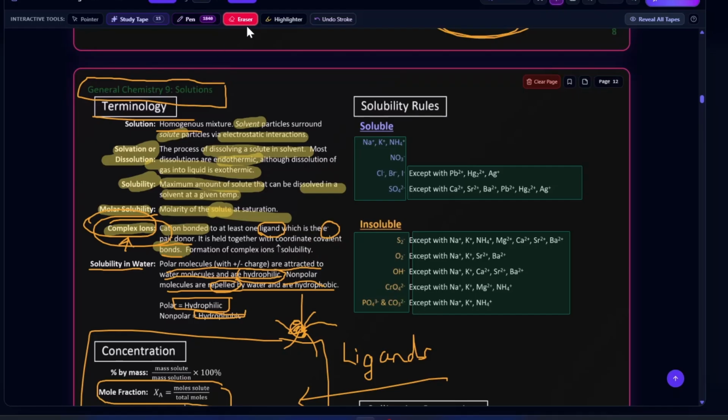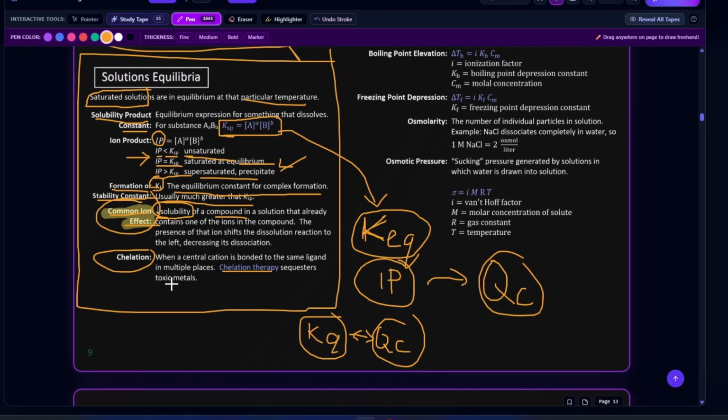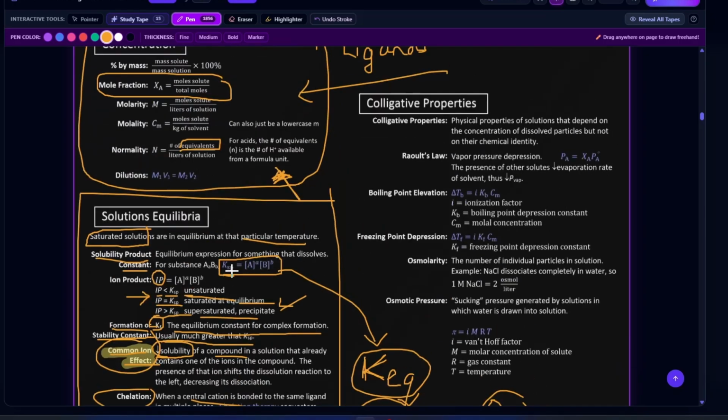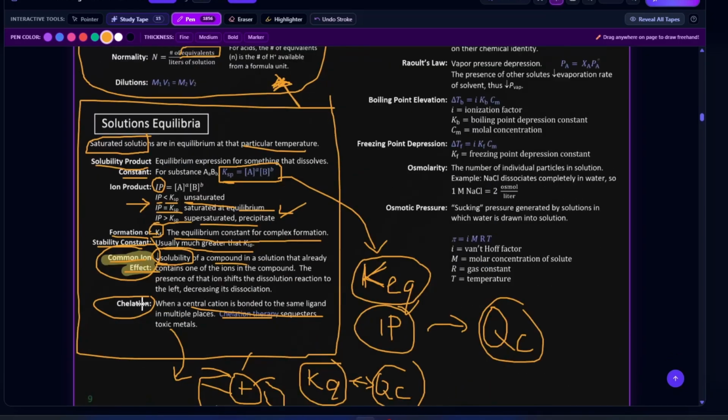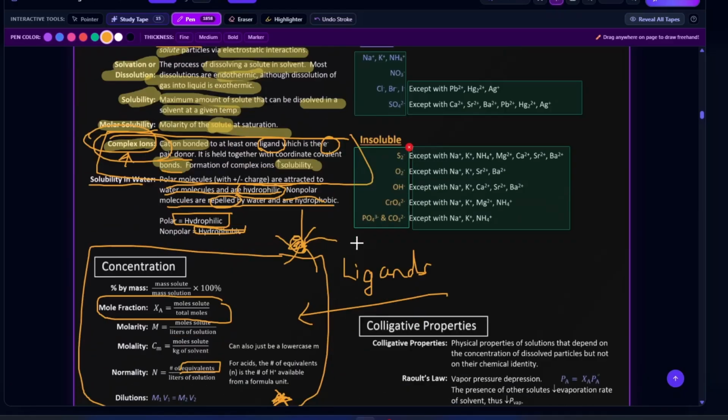So it's over here, increase solubility. And then chelation can be used in chelation therapy to take out toxic metals, when a central cation is bonded to the same ligand in multiple places. So you get this claw effect, it looks like a claw. Search up chelation and you'll see what it is. This is also related up here about complex ions.